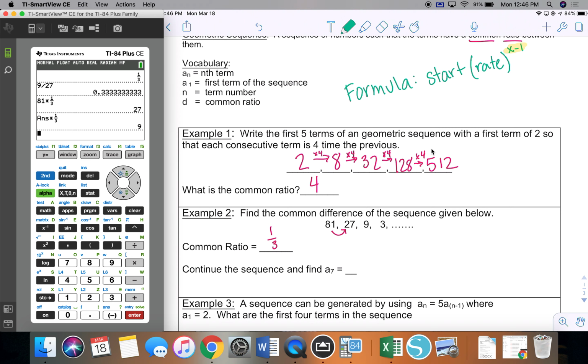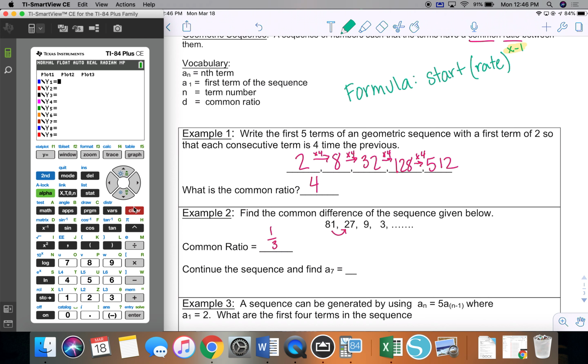This is geometric because you're multiplying. We can't add the same thing to get from 2 to 4 as we can to get from 8 to 32. Same thing here. So usually geometric sequences either grow or decay at a pretty significant rate to where you can't add or subtract the same things. Now we use this x minus 1 to make sure that we can get the right equation, okay?